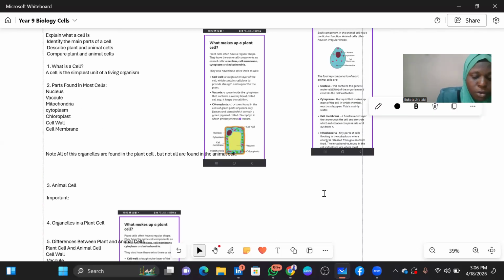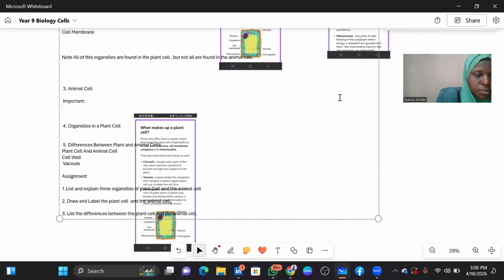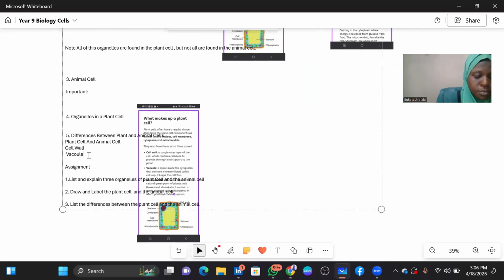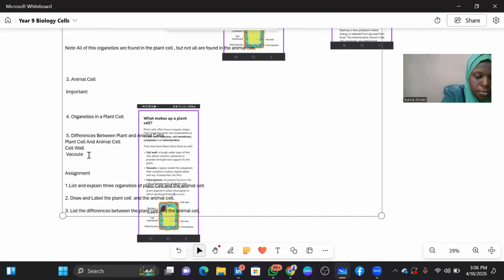Then the last one, we have the chloroplast. So this forms a major difference between the plant cell and the animal cell. So with this, let's treat a GCSE question.